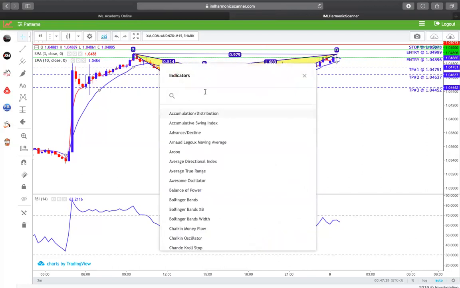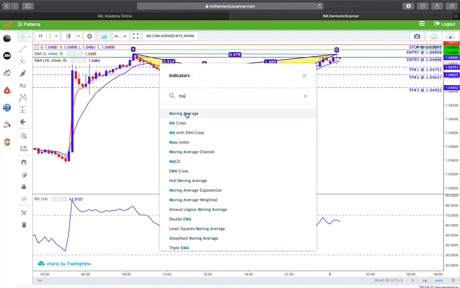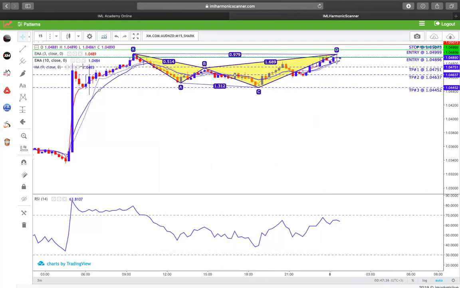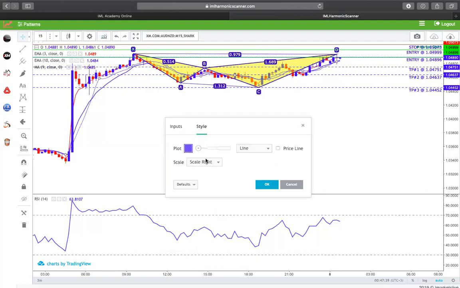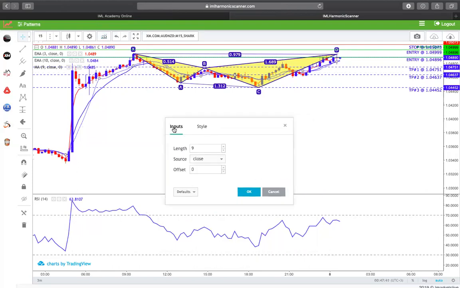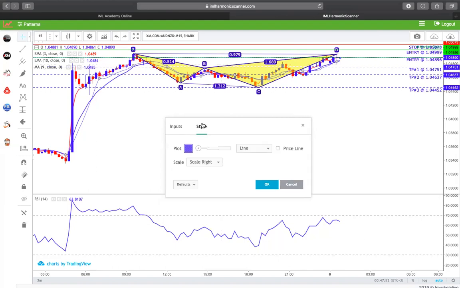The 3rd moving average line is just going to be the regular moving average. You click that once, and then you go to edit. The input should be 50. The length is 50. Source close, offset 0. You can do 0 or 1. Just if you do one or the other, make sure all three of them have the same.